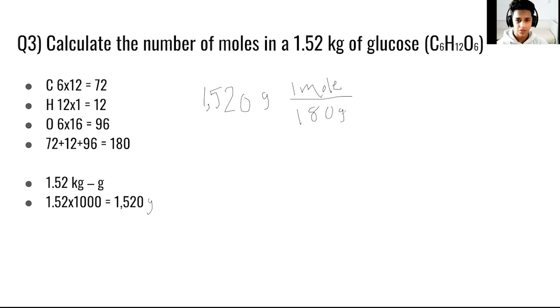I put the grams down and the number that's given up because I want to delete the two units. So moles is the unit that's remaining. So that will be 1520 over 180, and that will be 8.44. That is the number.